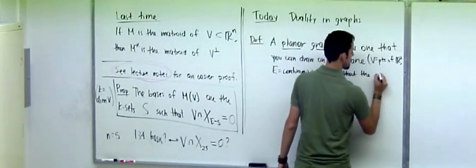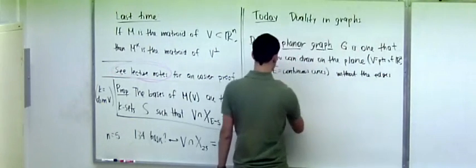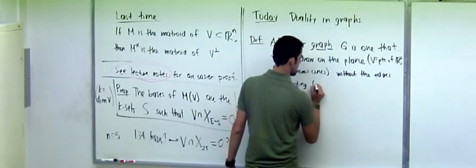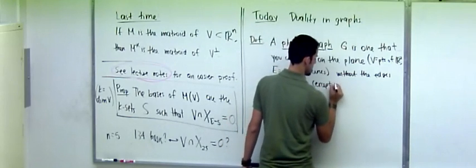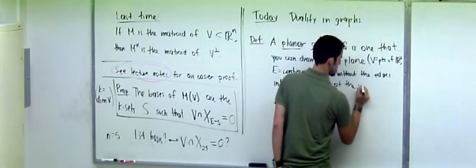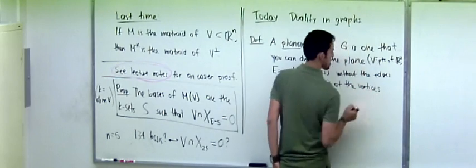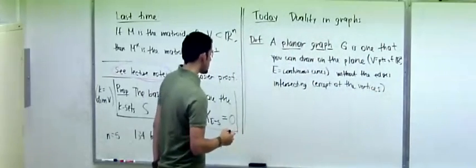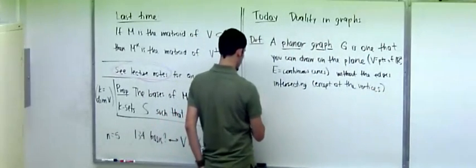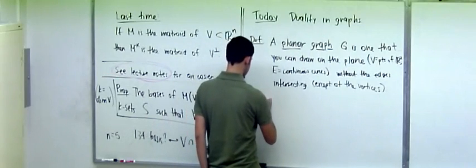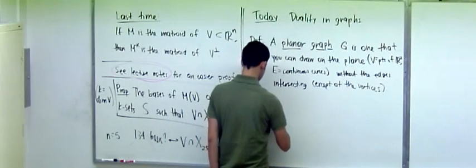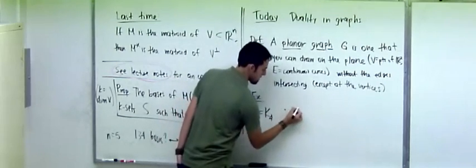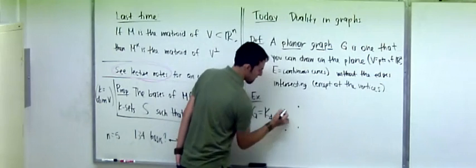So you can draw one on the plane without intersections. The edges do not intersect except at the endpoints. So for example, the graph K4. Usually people will draw the graph K4 like this.